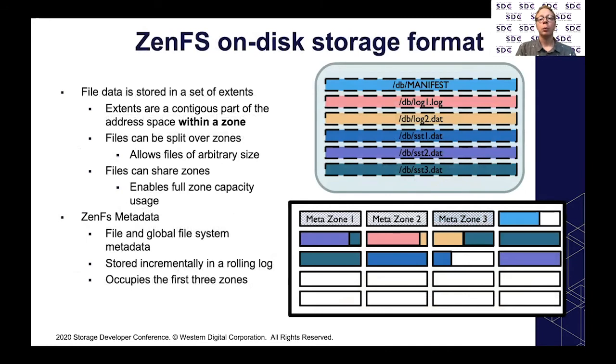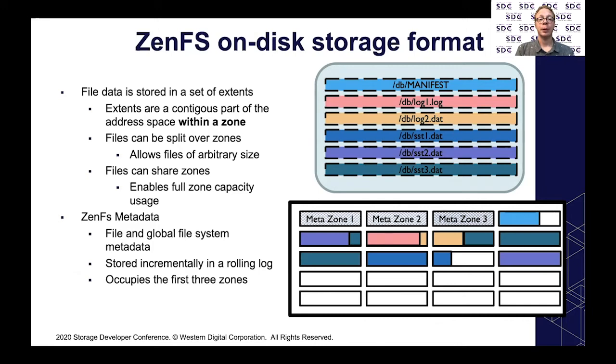And if we dig into the ZenFS on-disk storage format, let's have a look at that. File data is stored in a set of extents, and extents are a contiguous part of the address space within a zone.